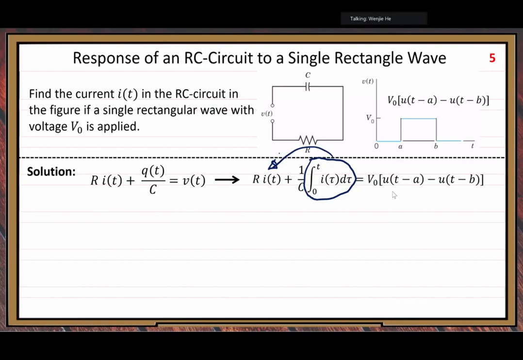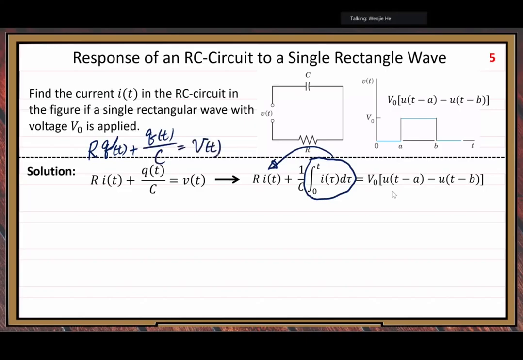All right. That is one way. So you keep the q function. You replace the I function by the q prime function. You can also solve it, right? So there is another way you can write this ODE as R times q prime of t, plus q of t over C equals V of t.